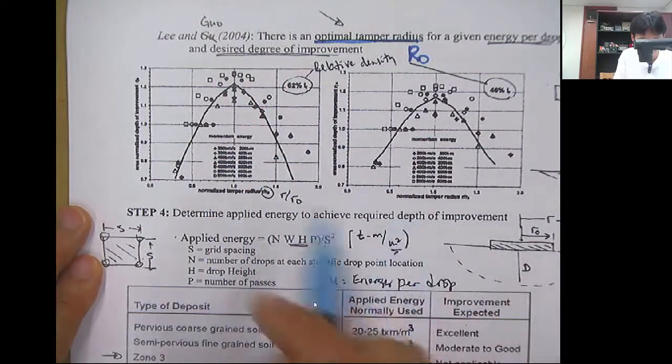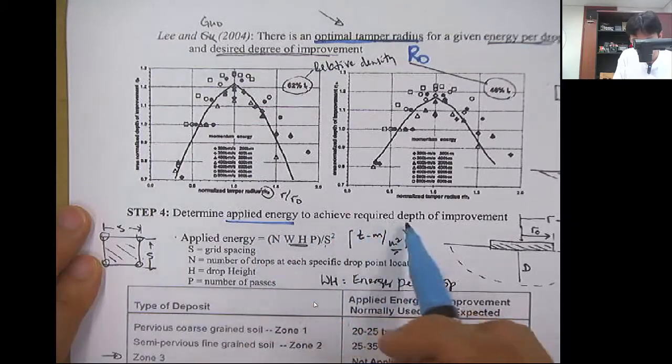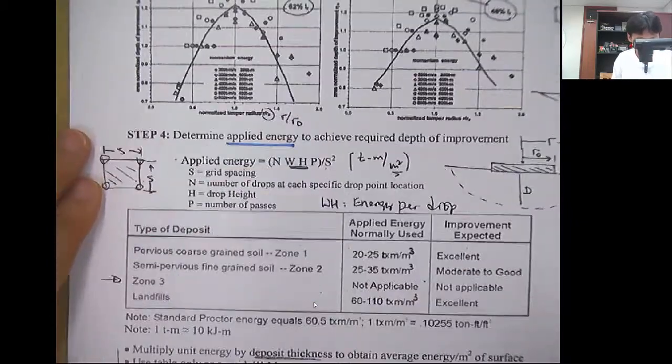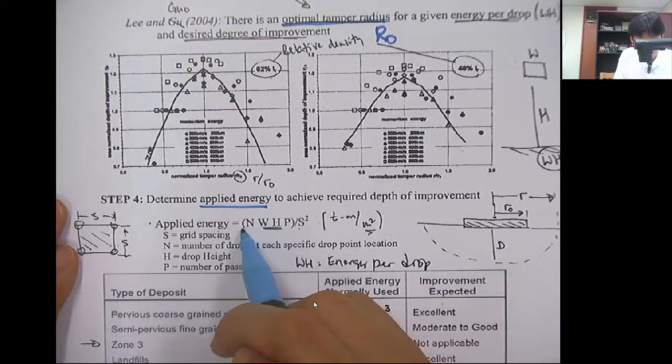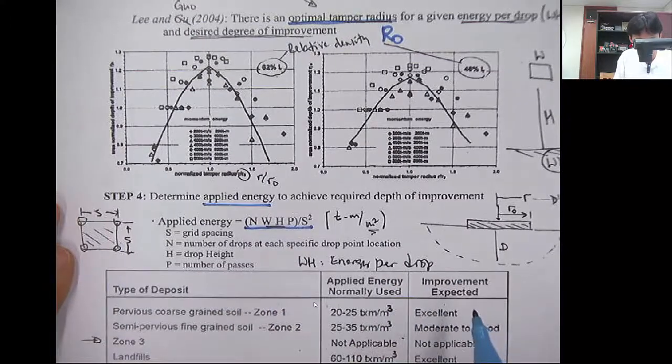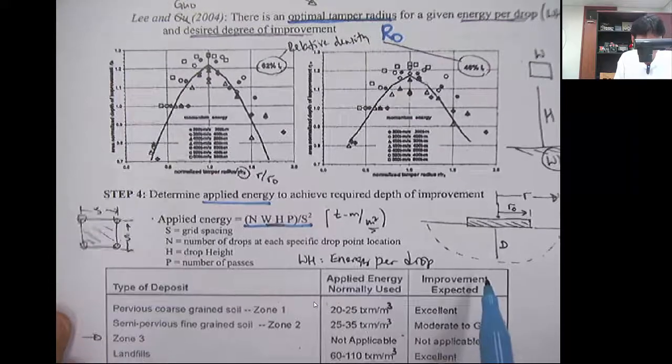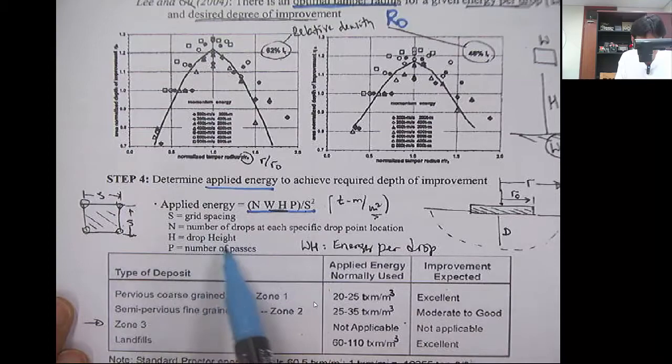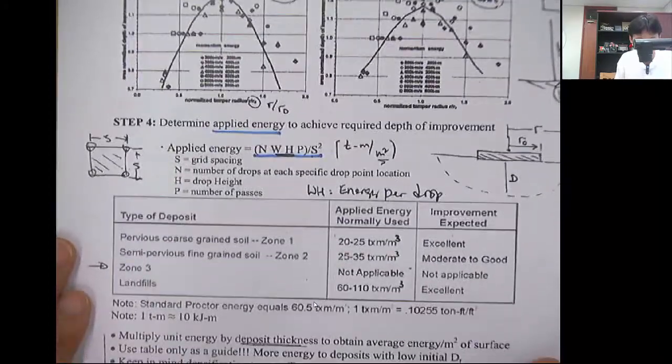The next step is to determine the applied energy to achieve the required depth of improvement. The applied energy can be calculated using this equation, as we saw in the previous note. Here S is the spacing, N is the number of drops, H is the drop height, and P is the number of passes.